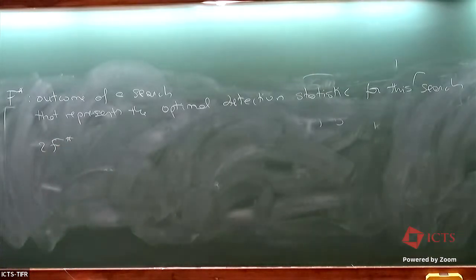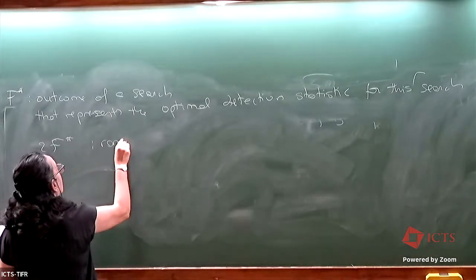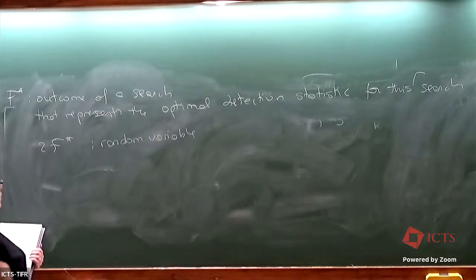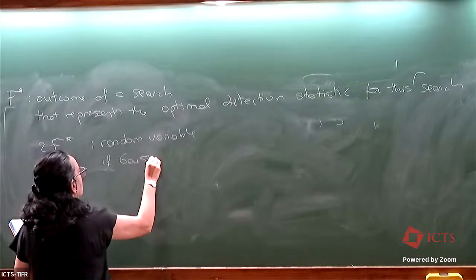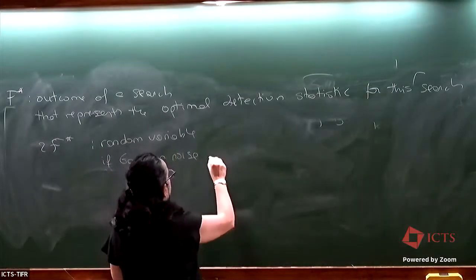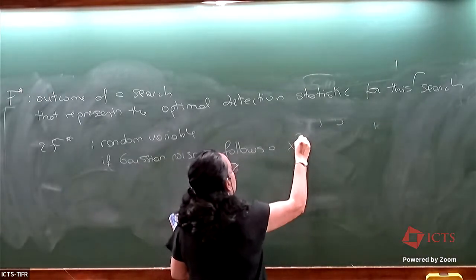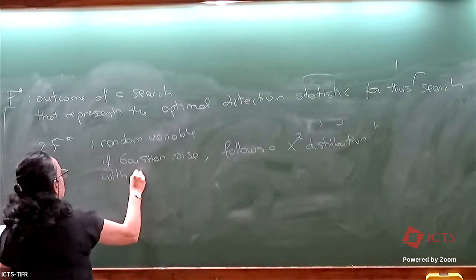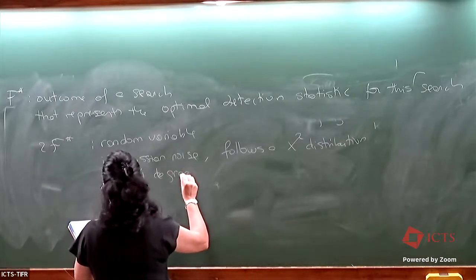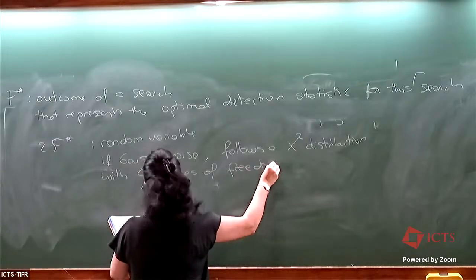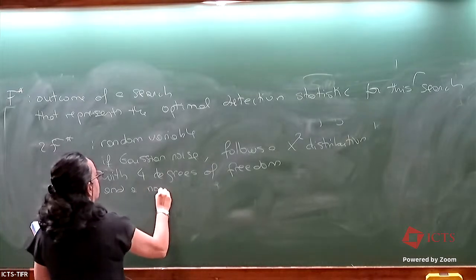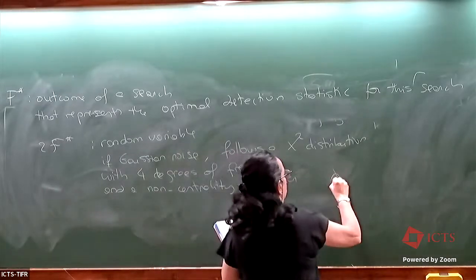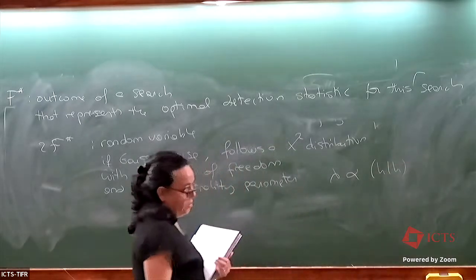F is going to be a random variable, and if we assume that we have Gaussian noise, then this is going to follow a chi-square distribution with 4 degrees of freedom and a non-centrality parameter that is going to be proportional to the amplitude of the signal.